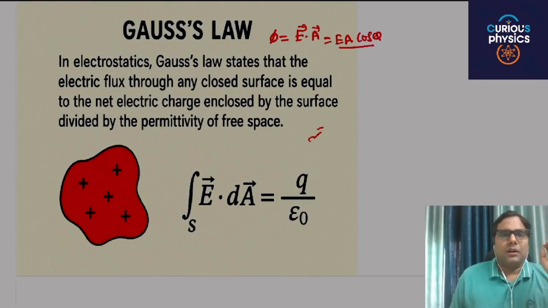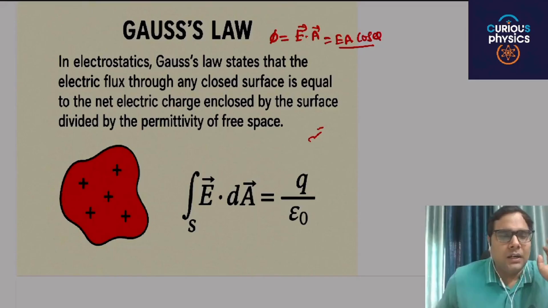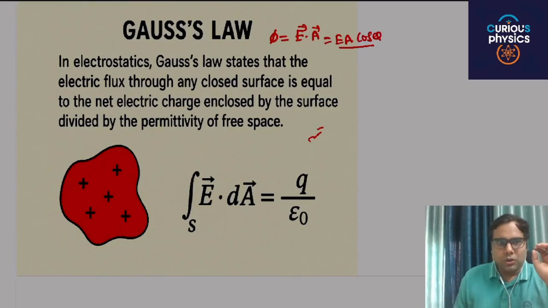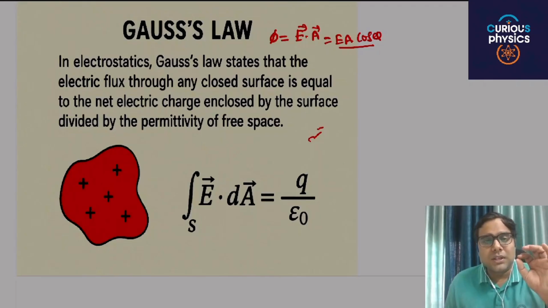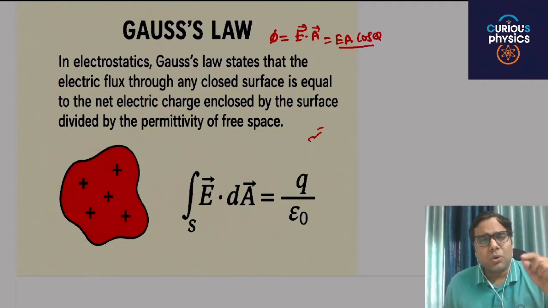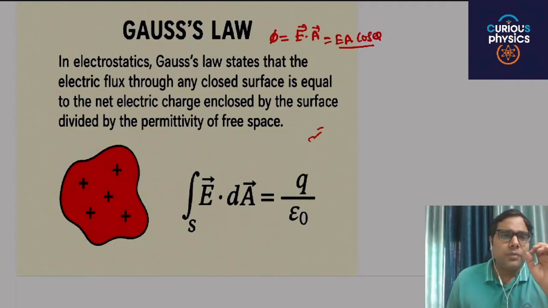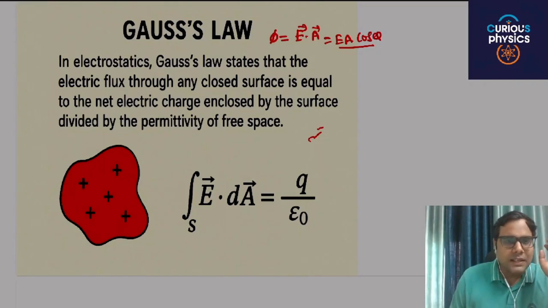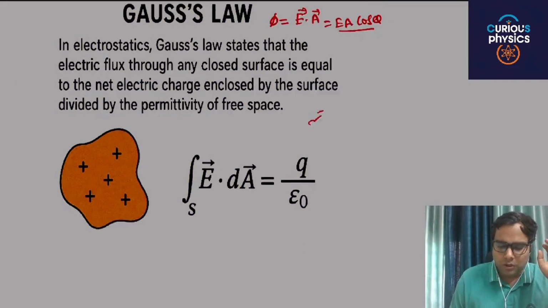This formula we have studied earlier. But according to Gauss law in electrostatics, the electric flux through any closed surface is equal to the net electric charge enclosed by the surface divided by the permittivity of free space. This is basically the statement of Gauss law.